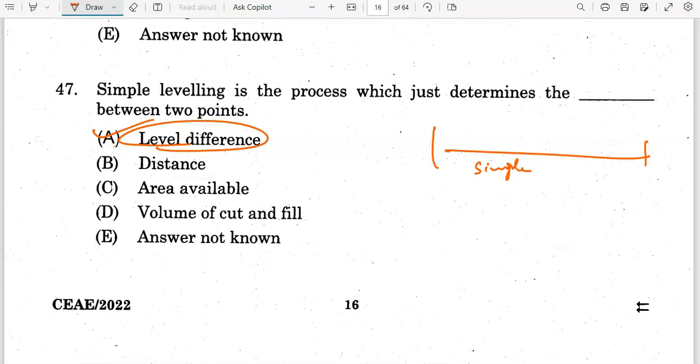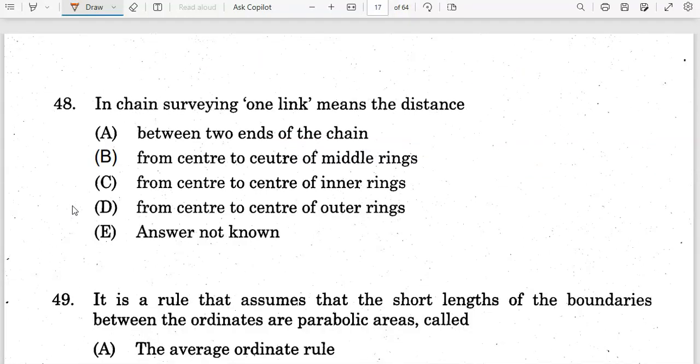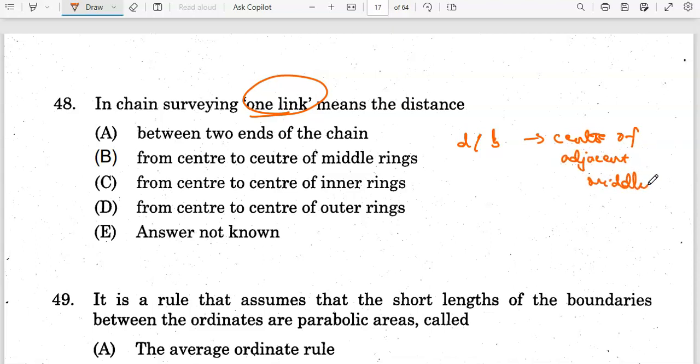Next question, in chain surveying one link means the distance between centers of the adjacent middle rings. Here they had given us from center to center of middle rings. Option B is the correct answer.